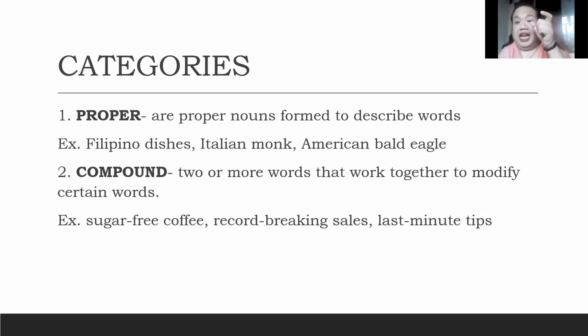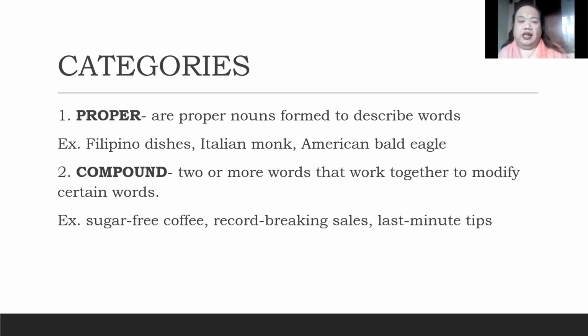Filipino in itself is actually a noun, but since there is a noun after the word Filipino, the word Filipino ceases to function as a noun, but rather it's now functioning as an adjective. So Filipino dishes. Filipino is modifying the noun dishes. Same with Italian mug, American bald eagle.